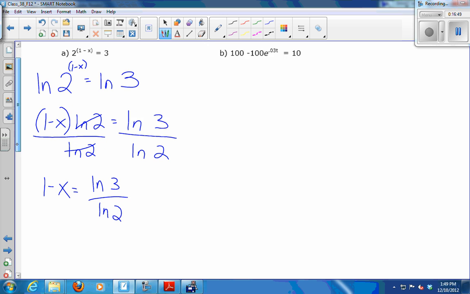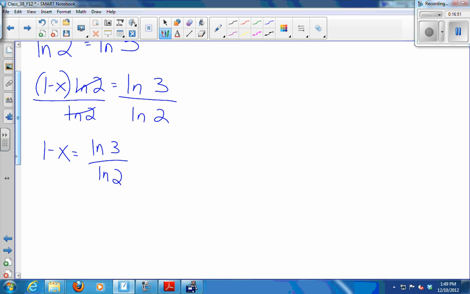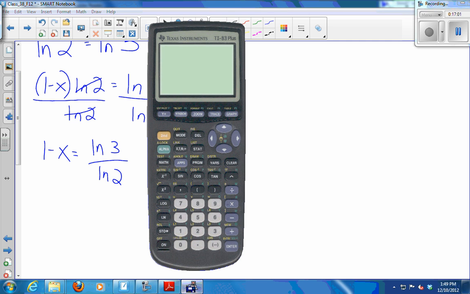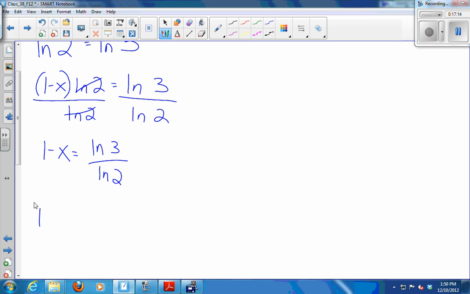And you just have to keep telling yourself, that's just a number. Because it can look overwhelming. And if it gets overwhelming, change it to a number, right? Write ln 3 over ln 2 as its decimal approximation. ln 3 divided by ln 2, and we get 1.585.